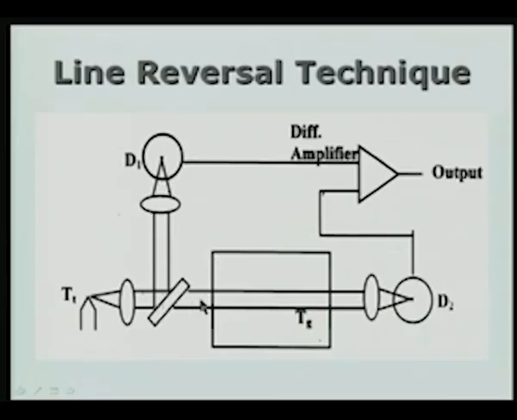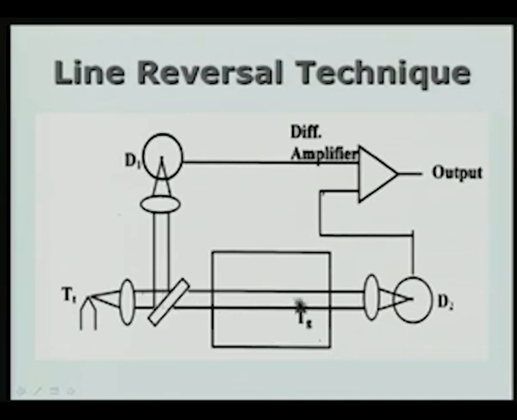One beam is made to pass through the gas contained in a vessel. Obviously, there must be windows which are transparent to radiation on this side and this side. The reflected radiation is collected directly by the detector D1.